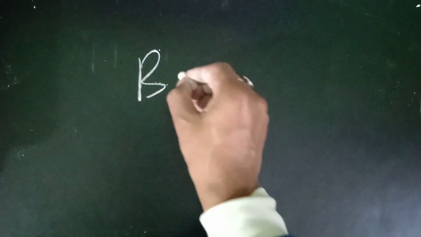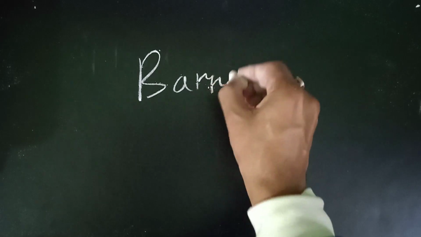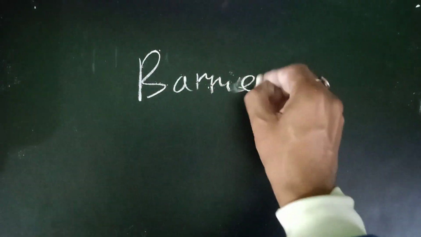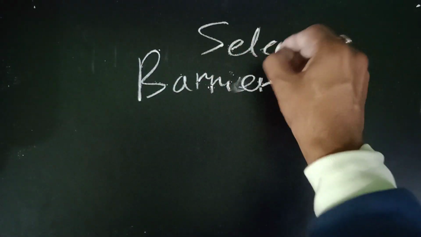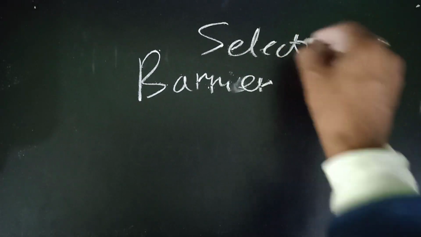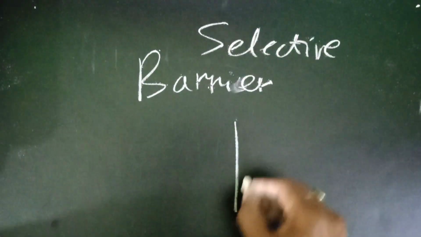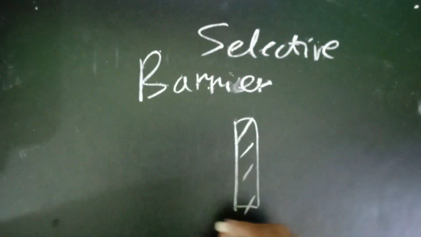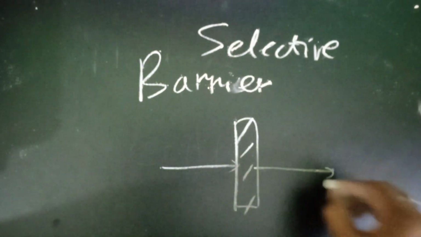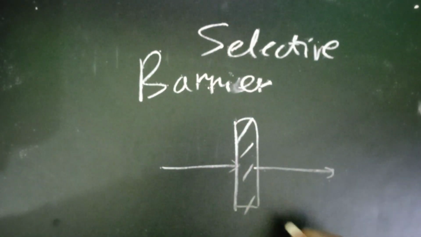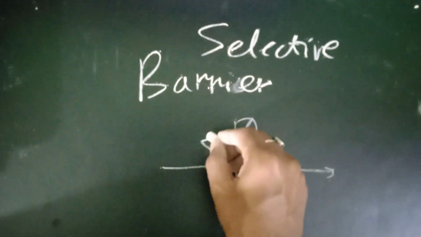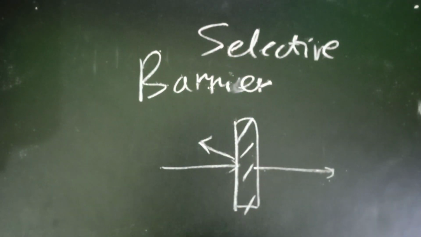What is membrane separation? Membrane separation is the separation of the components through a selective barrier. What do I mean by selective barrier? That means that if this is a membrane, then only some part, mostly the solvent, would pass and the solute would be rejected back.